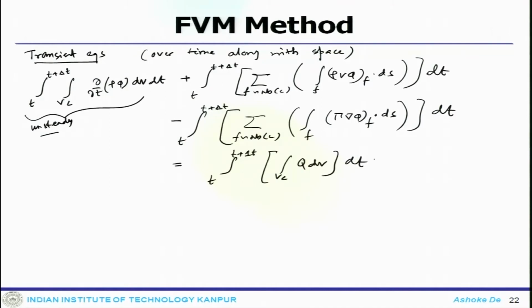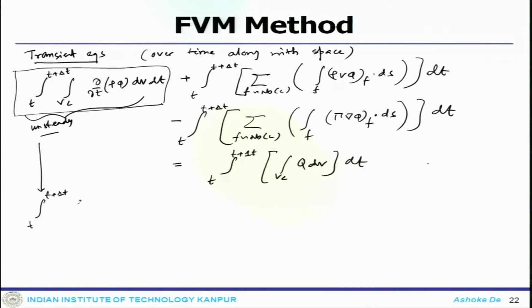So, if you compare the steady state and the transient system, except this particular term and the integration over time, if you drop them out, everything else has been integrated and you obtained a linear system for the steady state system. So, now when you move to the transient system, you have an integration over time. So, now you have to simplify each term. First you look at the unsteady term, what happens to that.